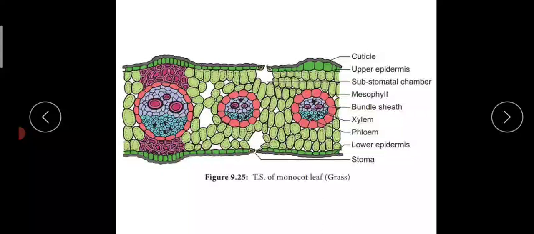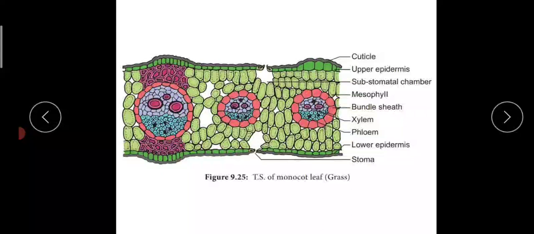So on both surfaces the stomata will be equally distributed in the upper and lower epidermis. Now coming to the shape of guard cells. In dicot it is kidney shaped, and in monocot it is dumbbell shaped. Now coming to the bulliform cells. Bulliform cells are absent in dicot, and present in monocot.